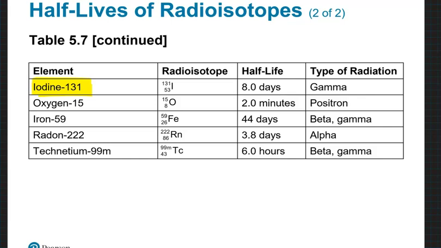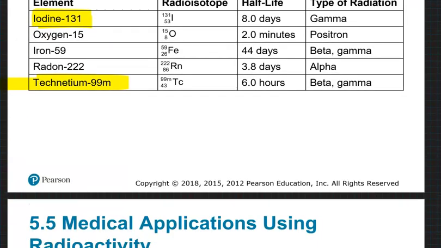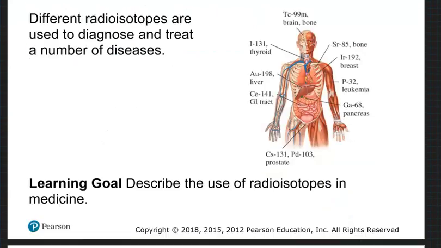What's going to happen? Break the cells down. It's going to kill it. This is the treatment for thyroid cancer. And half-life of 8 days means that eventually that person will not be radioactive. Am I clear? So that's the idea. Technetium is used very actively for treatment of cancer. Okay, medical applications.